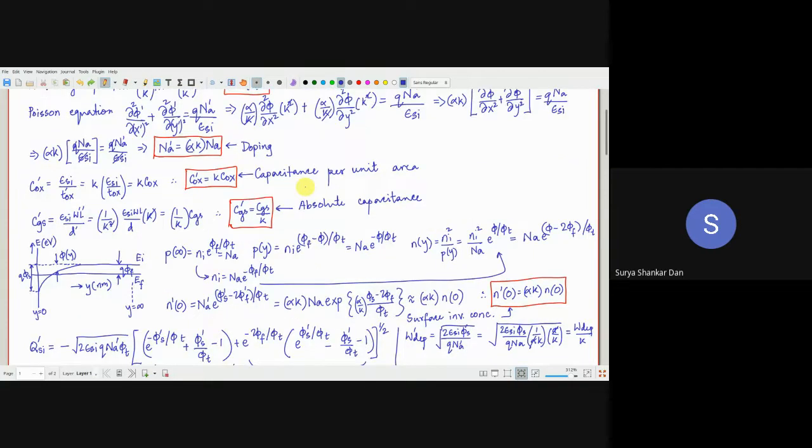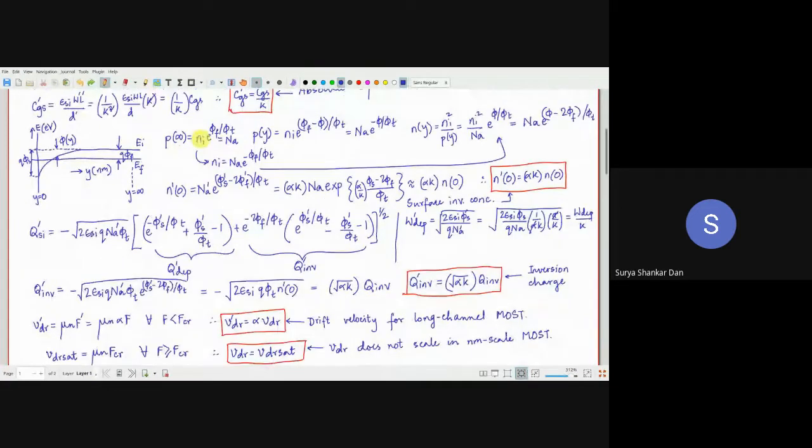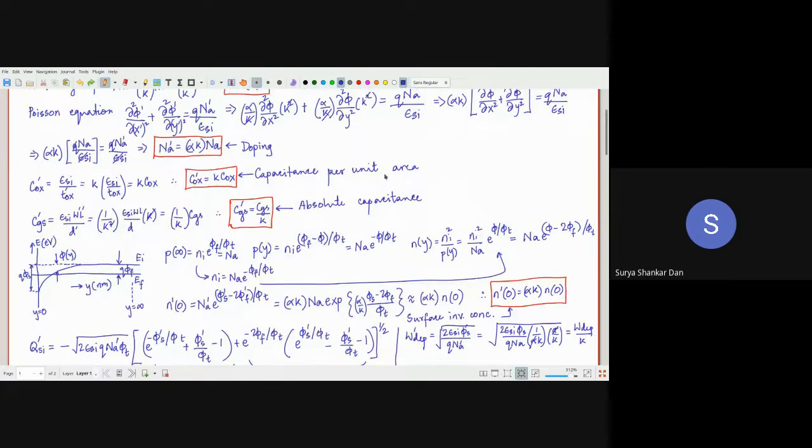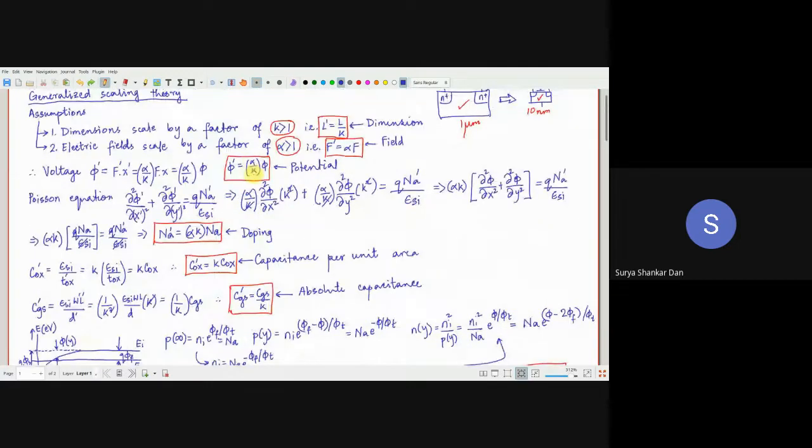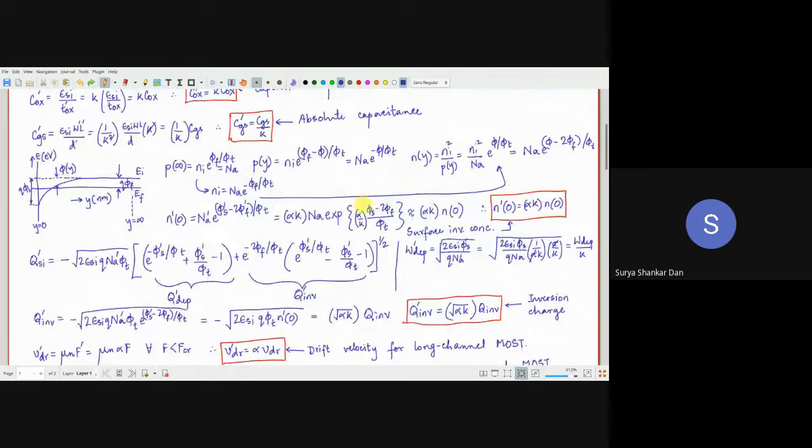That's exactly what we have seen earlier. So instead of Na dash, I am just simply writing alpha k into Na. Then exponential of phi s dash scales as, again, remember, it's a potential. So alpha by k. So I'll put alpha by k, and phi f is also a potential, so alpha by k outside. However, if you notice, it is exponential term of this. So alpha by k will roughly be a very small deviation with its original one. So it's approximately equal to alpha into k into n0.